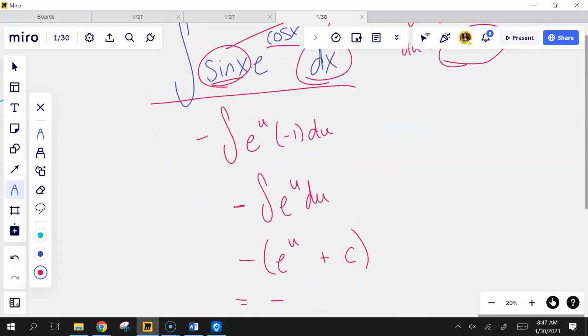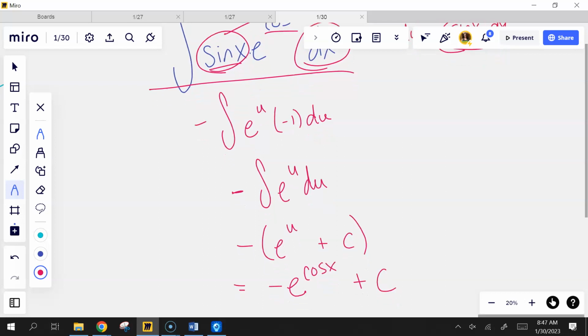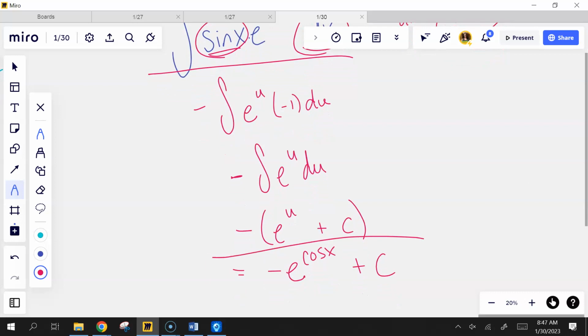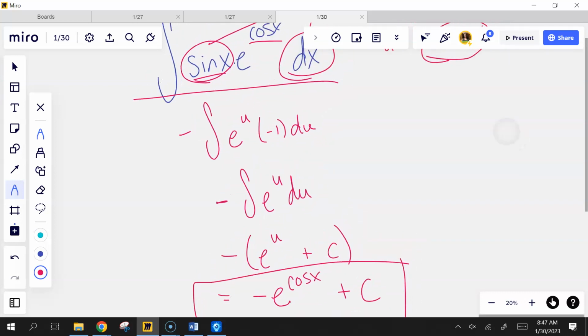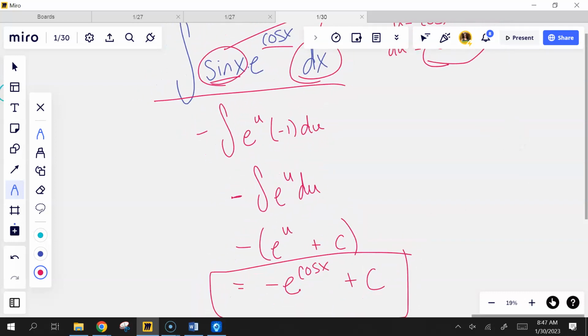So I've got negative e to the cosine x plus c. And that negative out front, not going to that c, doesn't matter because c is an arbitrary constant. It could be positive or negative. Now I have found the antiderivative of this indefinite integral.